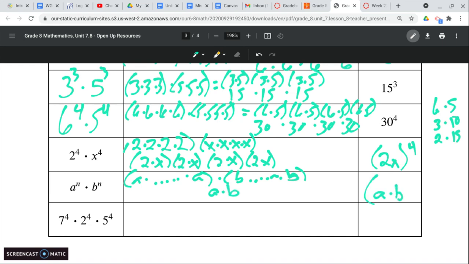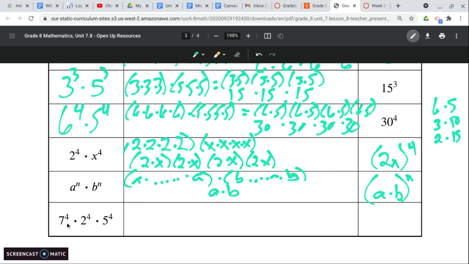So a times b to the nth power. When we have those unknown exponents, it makes it a little harder to show this out because obviously it's going forever. We can plug any number in for n, but because the exponents are the same, it works out that we can just multiply the bases and take it to that exponent.